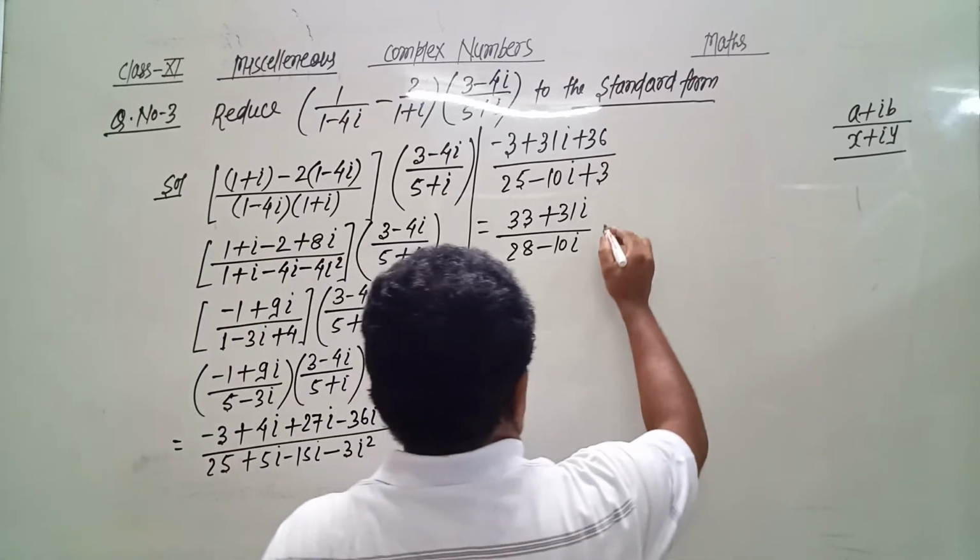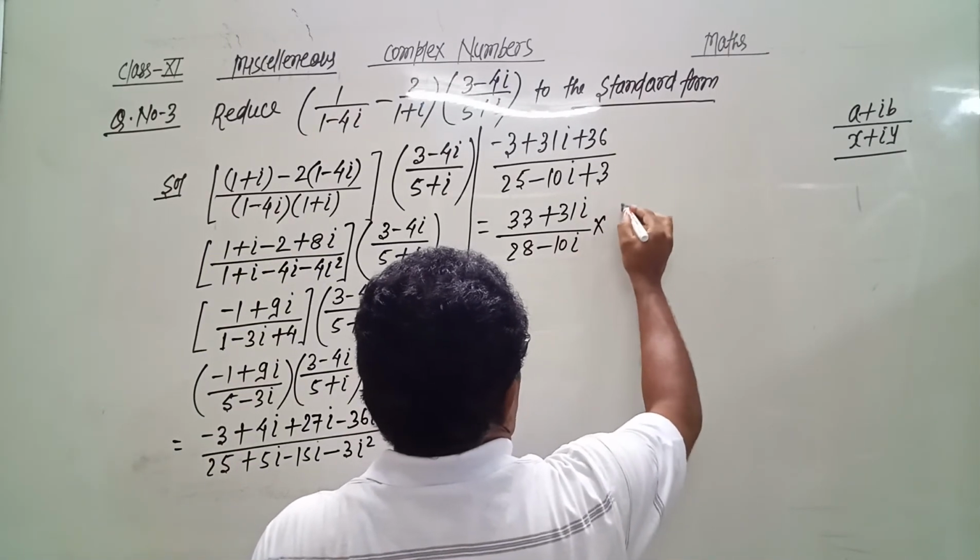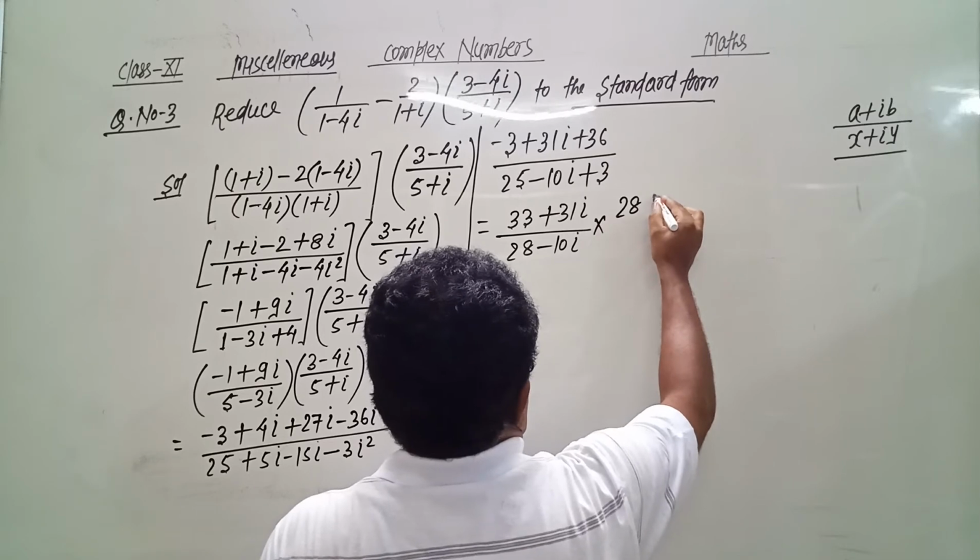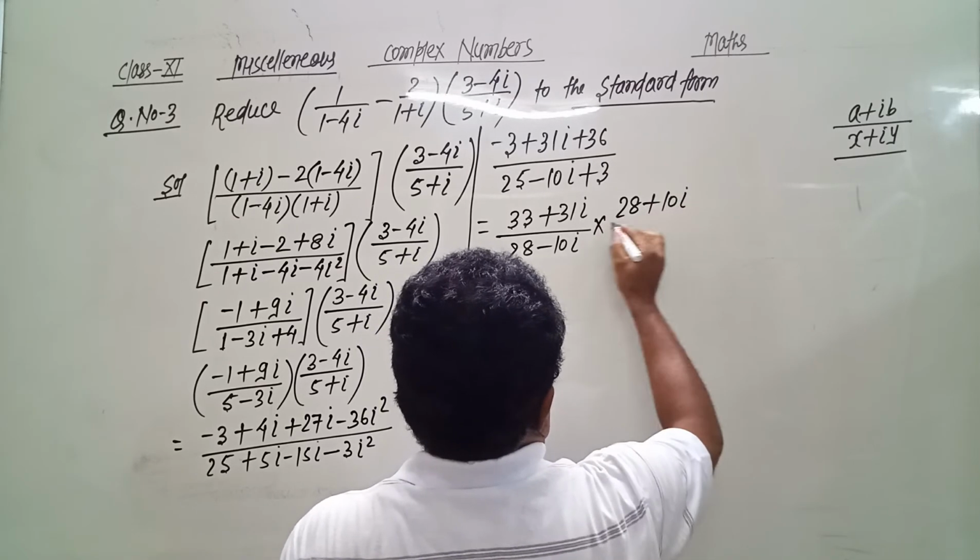Then we rationalize the term. Multiply the numerator and denominator by 28 plus 10 iota.